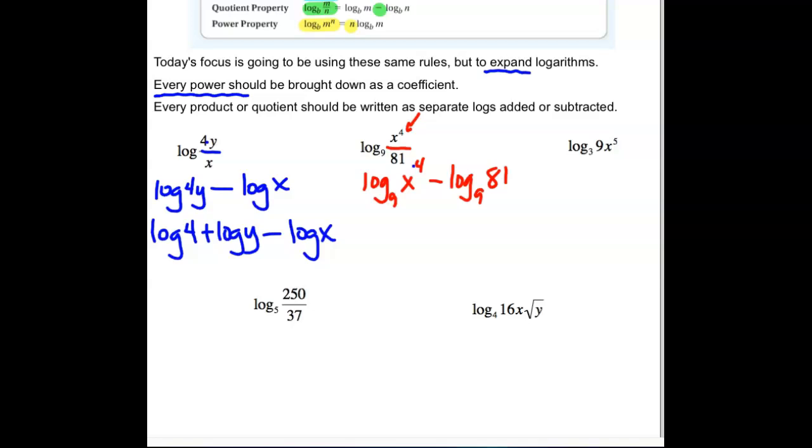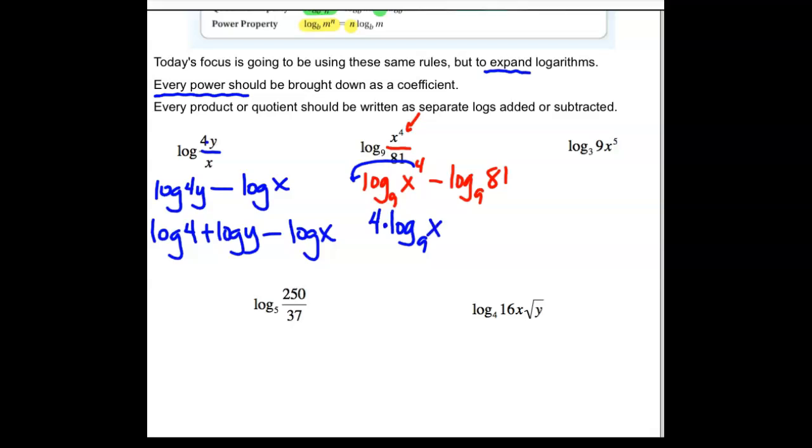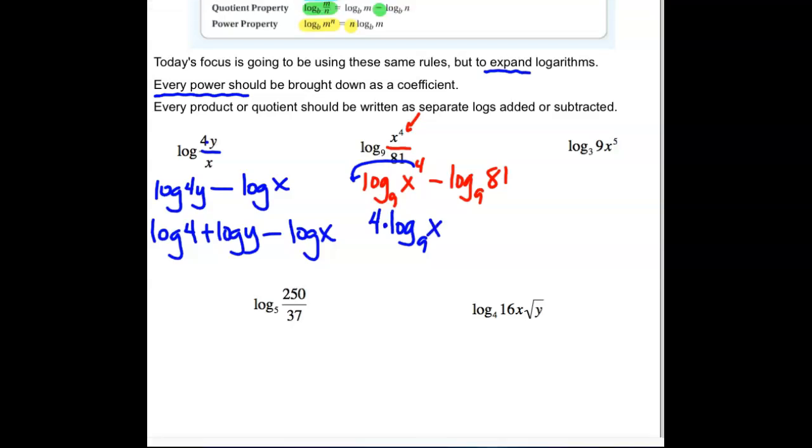Now powers can be moved out front, so this becomes 4 times the log base 9 of x. And then here I have log base 9 of 81, but 81 is a power of 9. We can think of this as 9 squared, and since our bases match, our answer here would just be our power. So we can simplify that whole log base 9 of 81 down to just a plain 2.